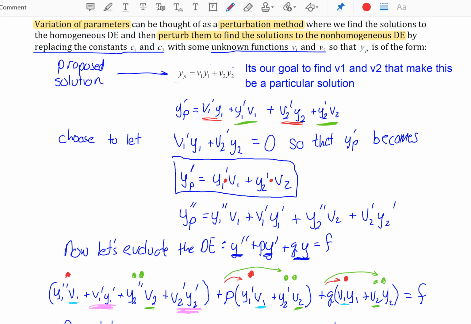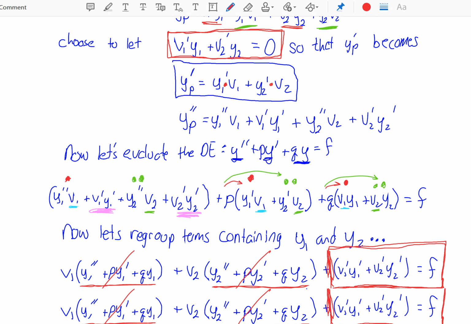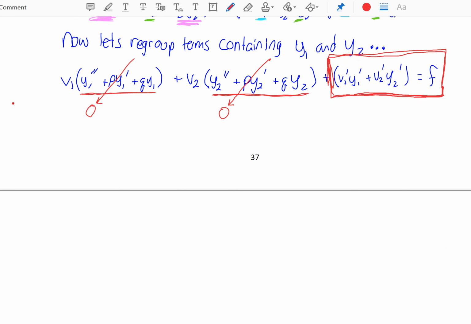So let's grab these two functions. Oh, not that one. This one. I want to write a system of equations with these two equations. So we try and group this together nicely on the next page.